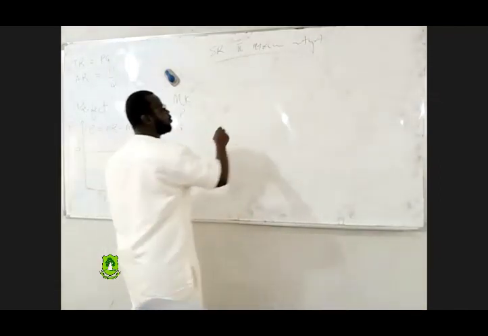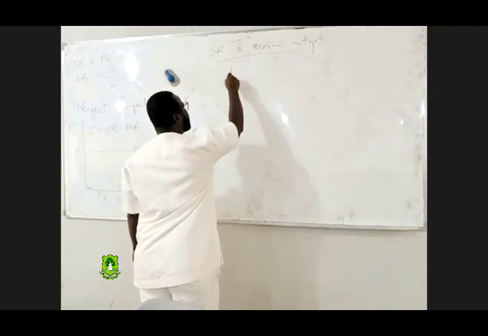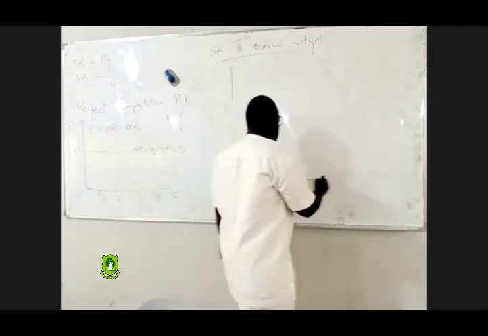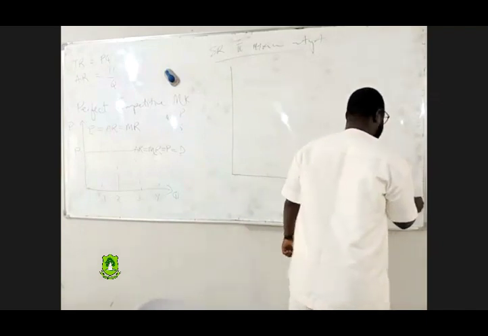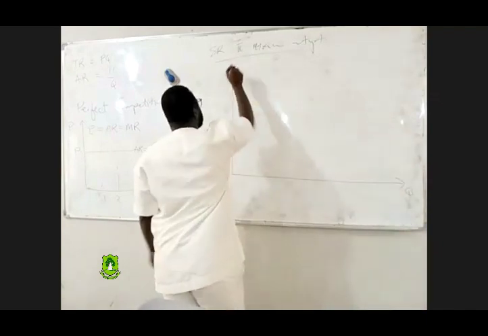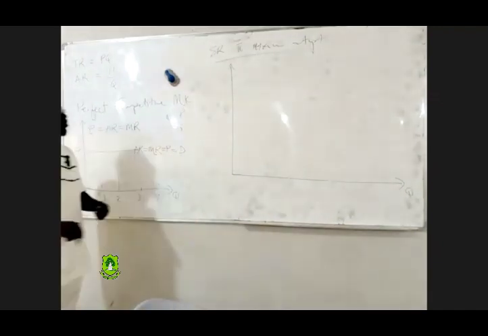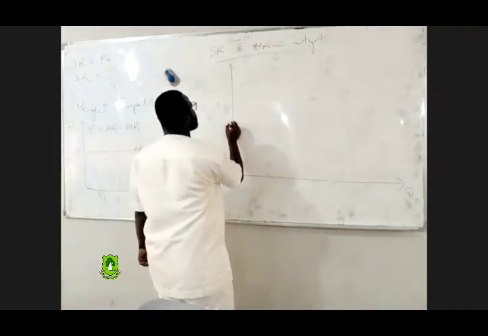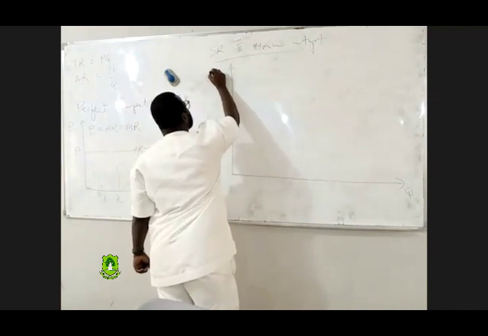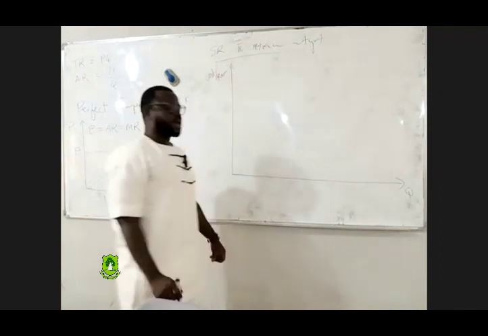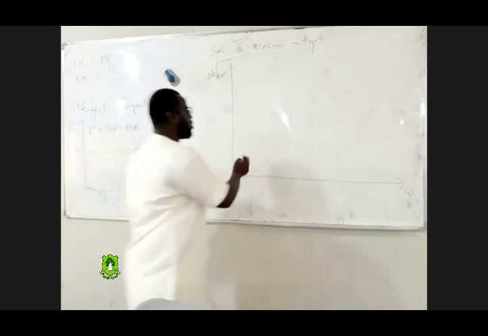I'm heading to what will be coming in the exam. So we have this one. If I write this, here it could be cost, it could also be revenue. So I'm bringing the two together.